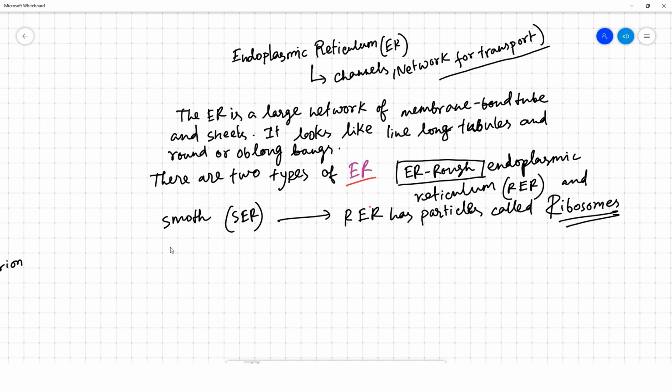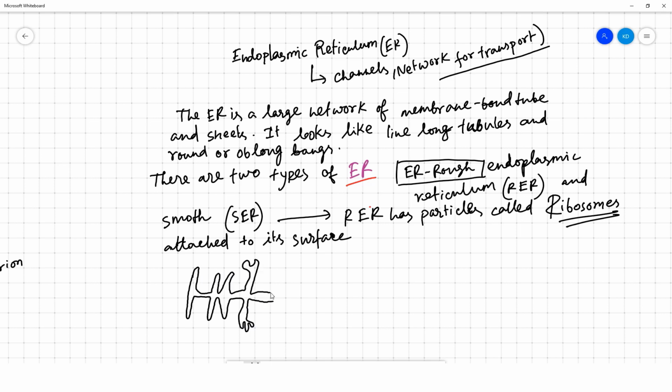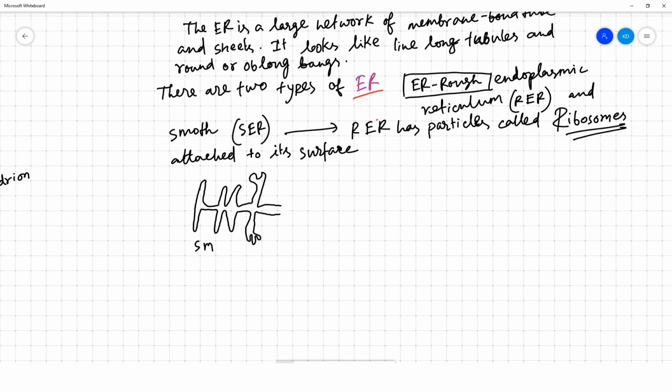Always remember this: the rough ER has particles called ribosomes attached to its surface. See this picture, you will clearly understand why it is called rough and why it is called smooth. This is a smooth endoplasmic reticulum.